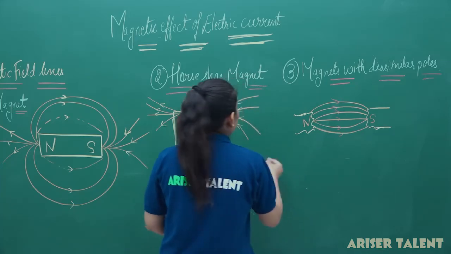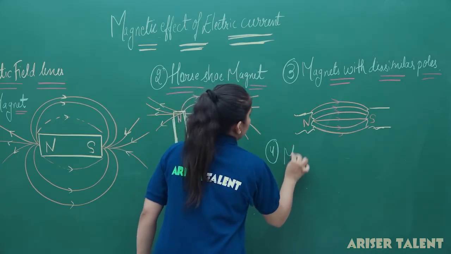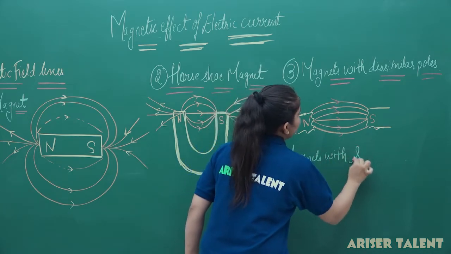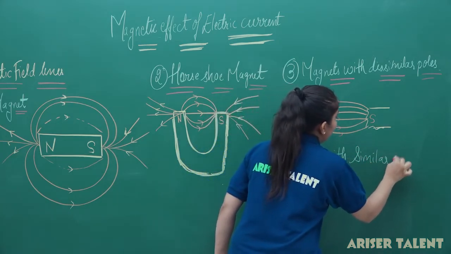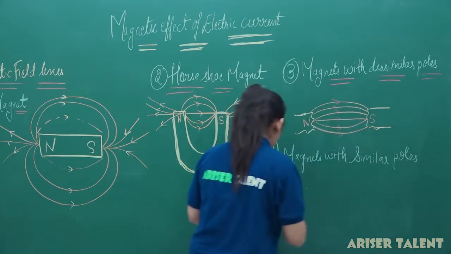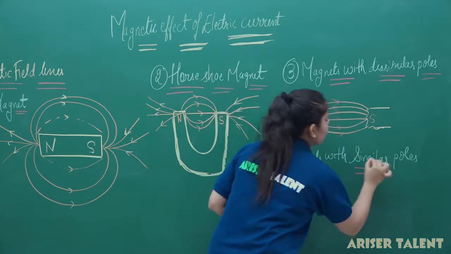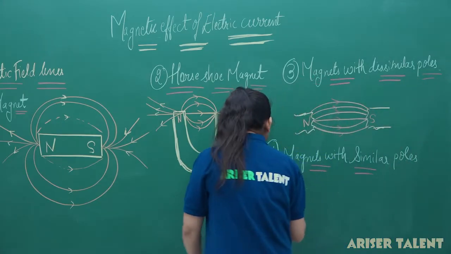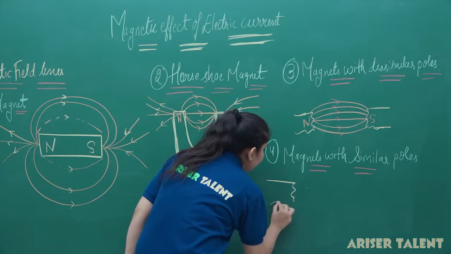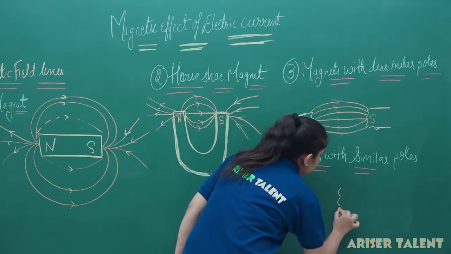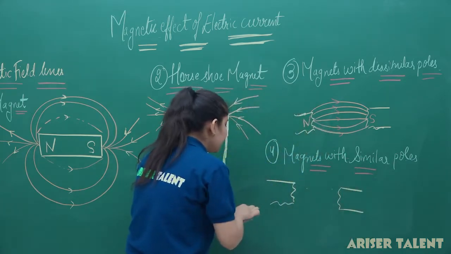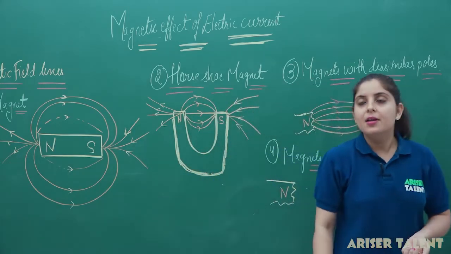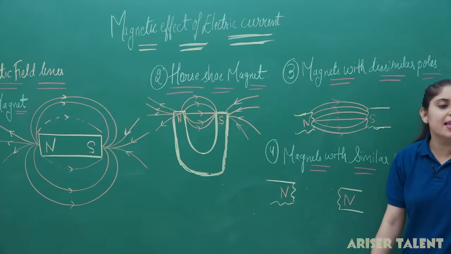Now the fourth will be magnets with similar poles. What will happen in the case of magnets with similar poles? Let's see here. I am drawing magnets having similar poles. This is our north pole and again a north pole, because we are taking similar poles here. Then how will the lines extend in this case?